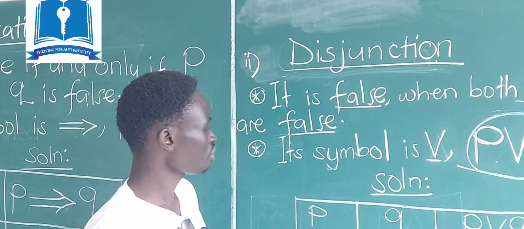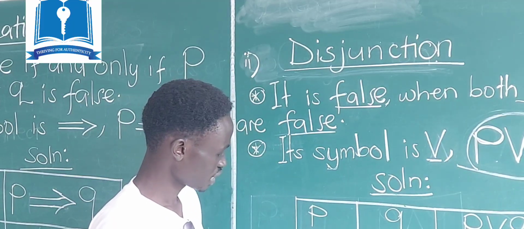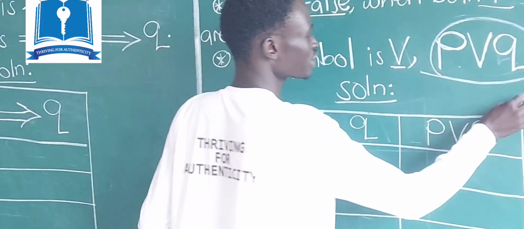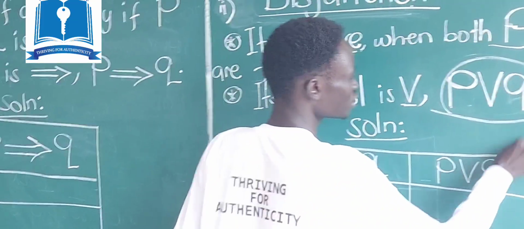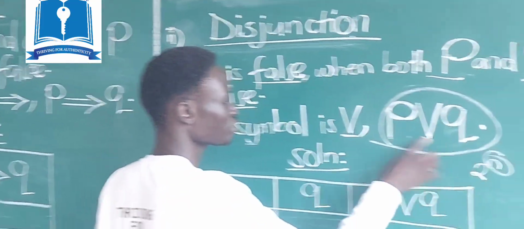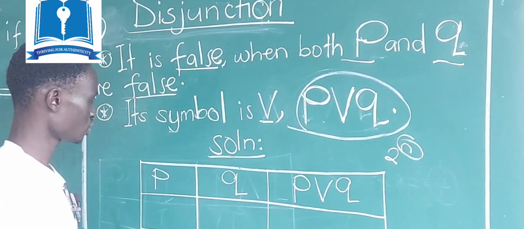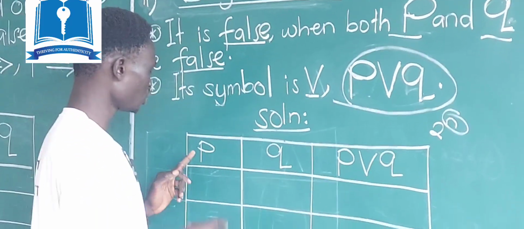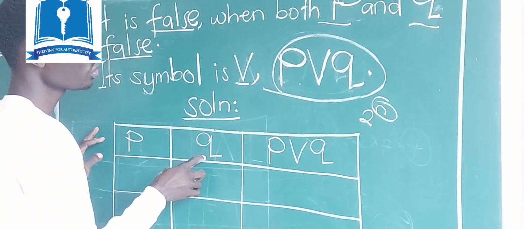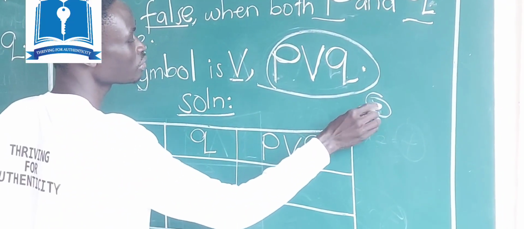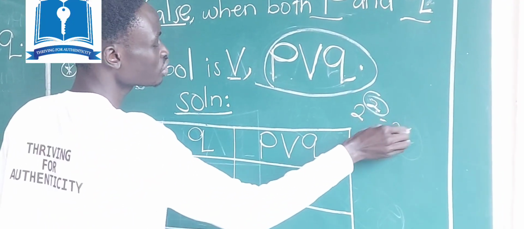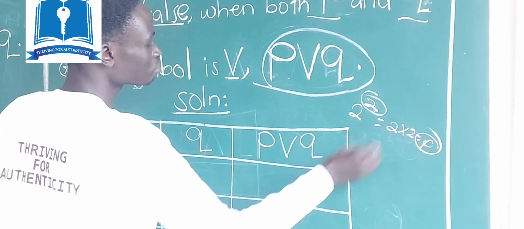For you to get these rows, I said you can use the exponential function, whereby this n represents the number of letters. For that, we can use P, Q, which are two, then it is 2 times 2, giving you 4.